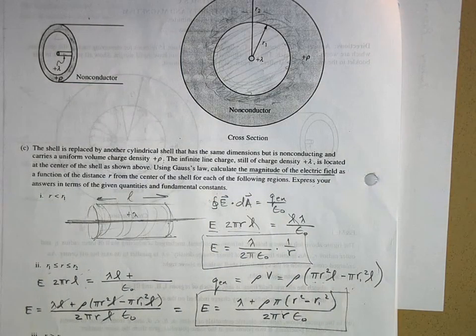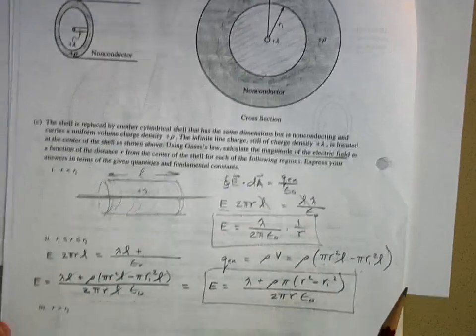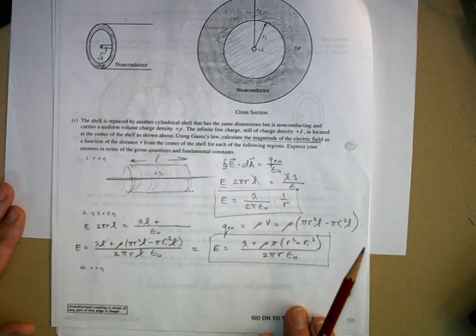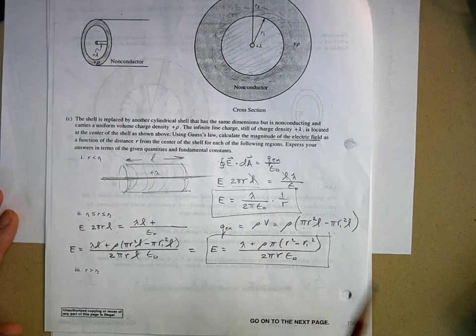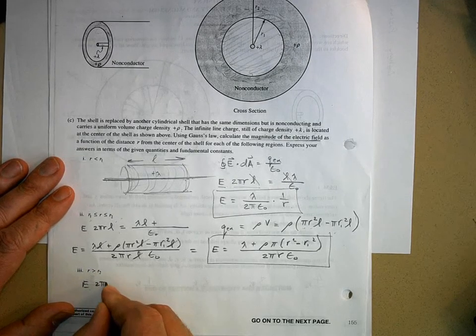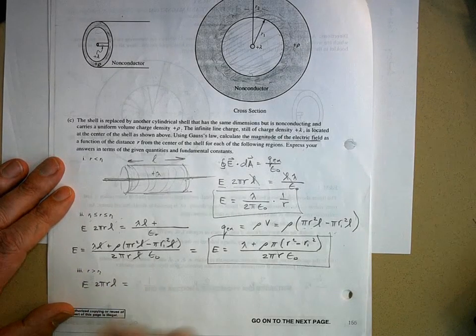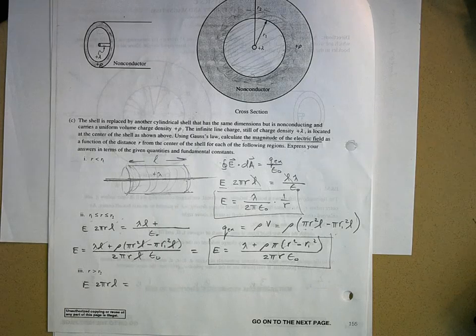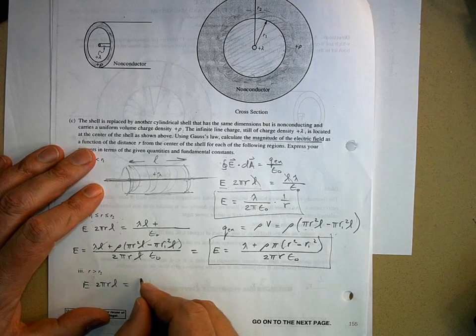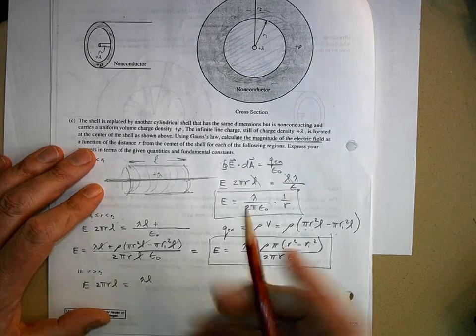Now, here we have the r on the outside. So it's going to be the same thing, E 2 pi r L equals all of the charge now, which is going to be lambda times L. That's the charge on this guy.